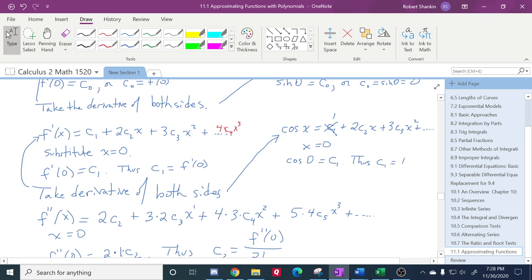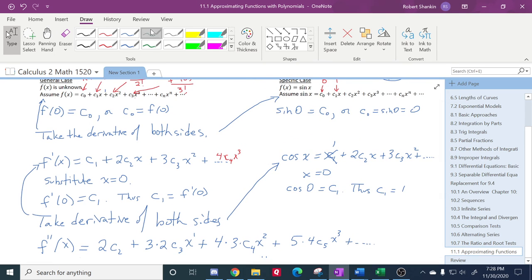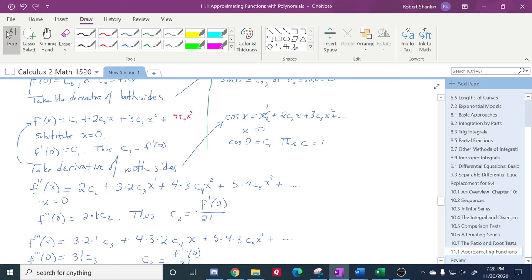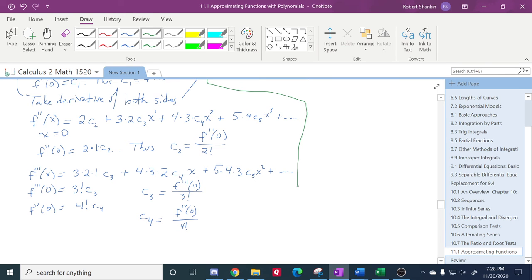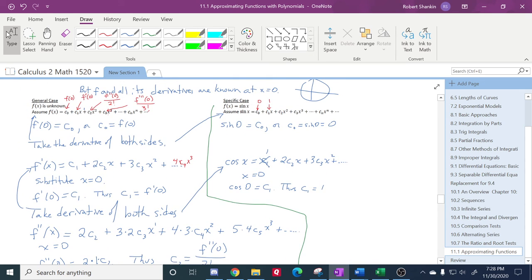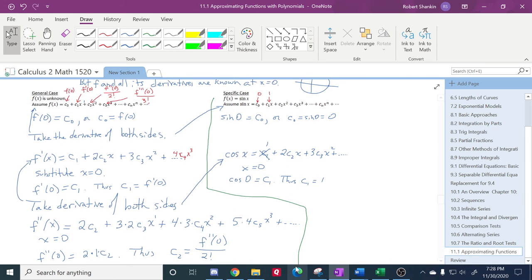Let me change this color to green so we can tell them apart. We set x equals 0 and we got c1 is 1.